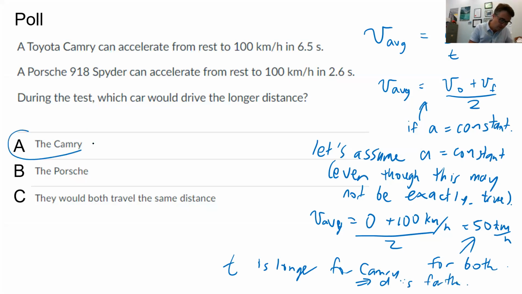Does that make sense? There's probably other ways of thinking about that. You can find the times, for sure, and find the distances if you want. But this is just thinking of it conceptually. During the test, if their acceleration is constant, they'll both have an average speed of 50 kilometers per hour.